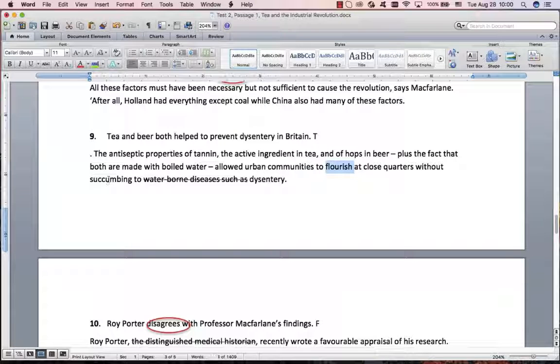Flourish and succumbing. So you kind of had to guess what those meant. But you must also use common sense. They are talking about tea and beer as good things, as positive things. So they're saying tea and beer are good. So preventing this disease, dysentery, is good. So therefore you could just guess that it's true.